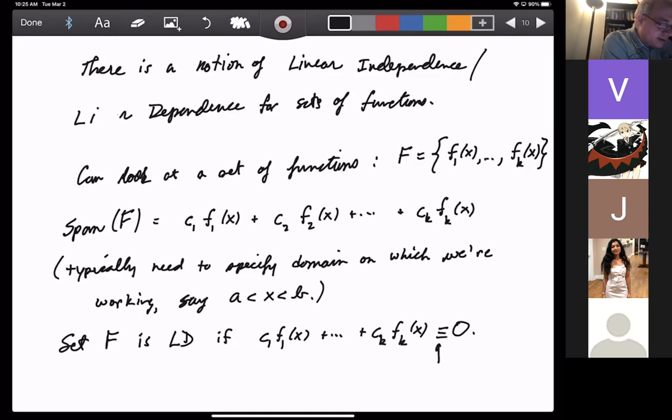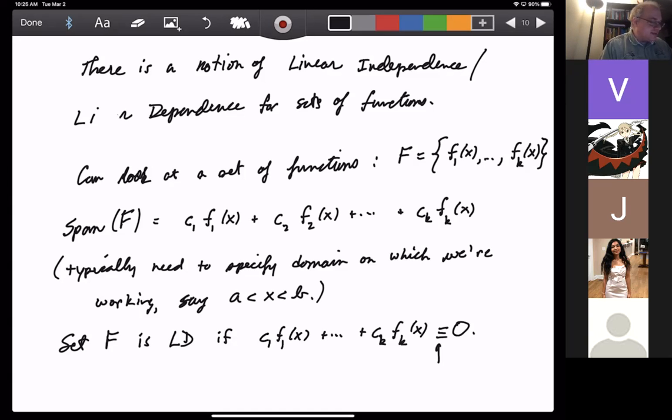The symbol with 3 horizontal dashes just means identically equal to. So the linear combination of the functions evaluates to zero everywhere, right? That's all the equation is saying.